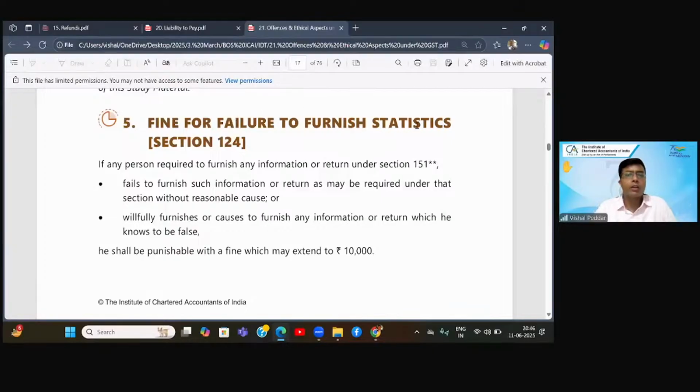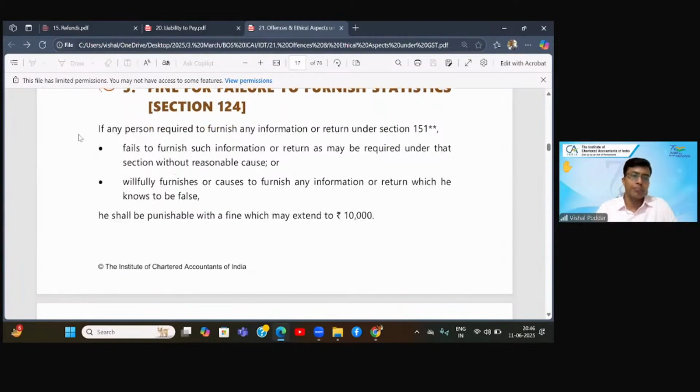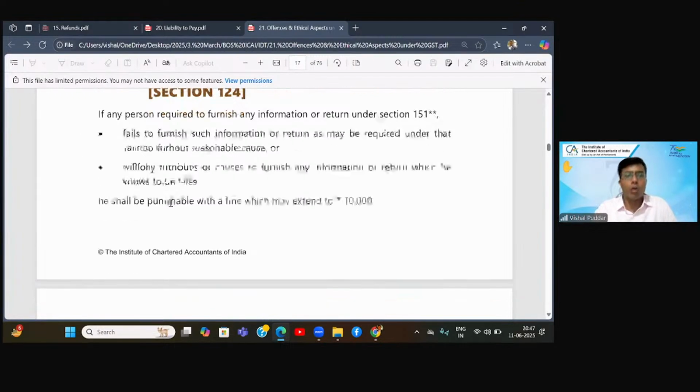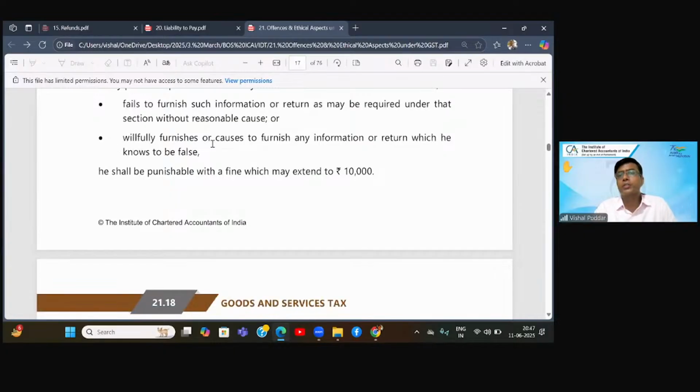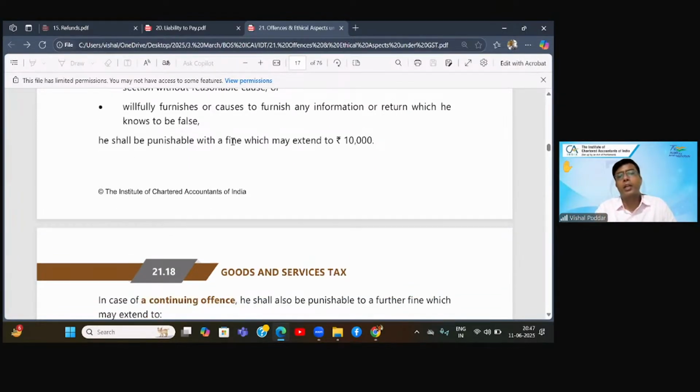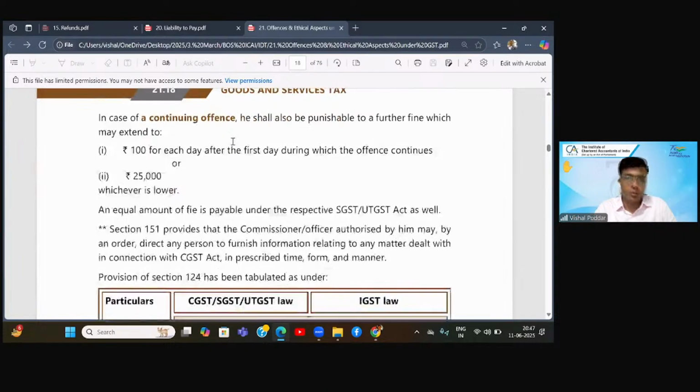Fine for failure to furnish statistics. Now, if any person is required to furnish any information or written under 151, which is a section you study in the next chapter, fails to furnish such information or written as may be required under that section, or willfully furnishes or causes to furnish any information or written which is false. So either you are not giving that information or you are giving wrong information, then the fine will be up to 10,000.